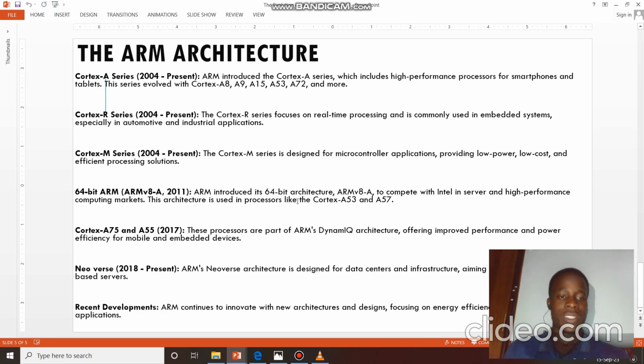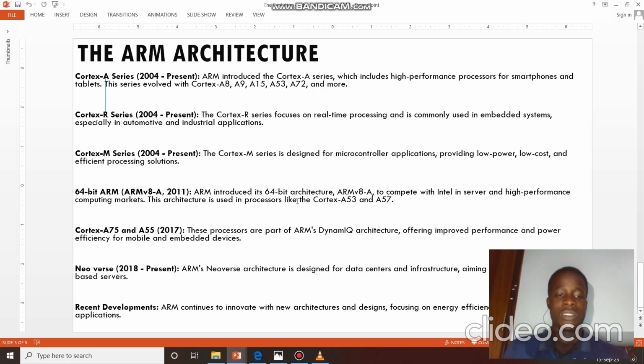Moving on to the Cortex series, we had the Cortex A, Cortex R, and Cortex M series that were between 2000 and present. Cortex A are major hits because of the high performance processors, while the R series focus on real-time processing.